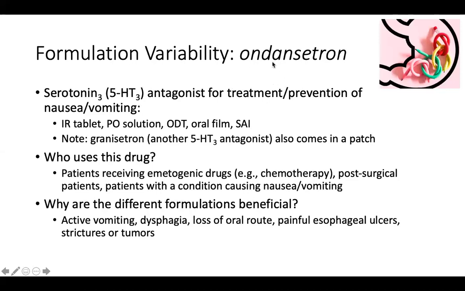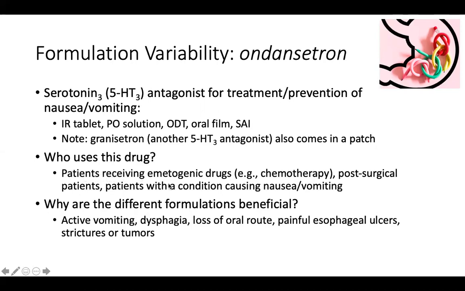Another example is ondansetron. That's our serotonin antagonist for nausea and vomiting. We have the immediate release tablet, the solution, orally disintegrating tablet, a film, and a short-acting injectable. And of note, we also have a patch for granisetron. Who uses this?